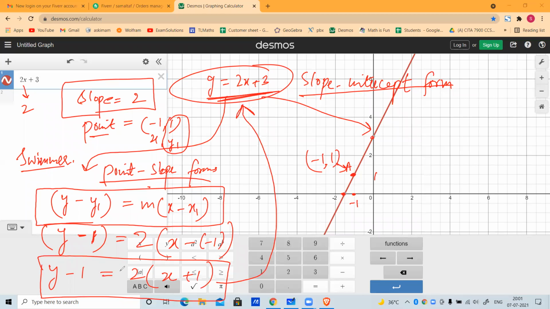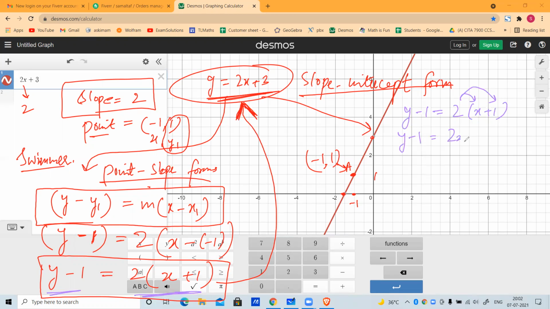And you might be wondering, how is it the same? When you solve it, you will get this back. I will show it quickly. See, I have written it in a different form: y minus 1 equals 2 times x plus 1. I will write it on the right side. What I can do here is multiply 2 to x and 2 to 1. Am I right?